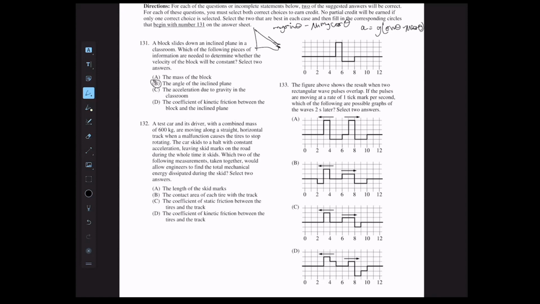So if we know the angle, that will help us. And then also the coefficient of friction, because we don't know mu.